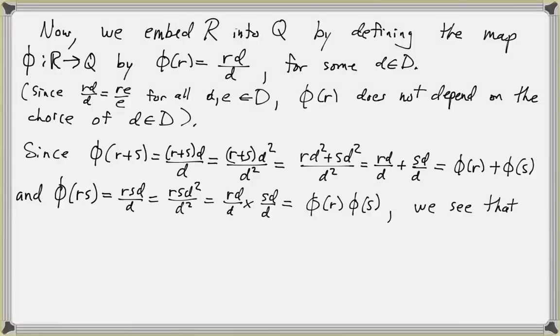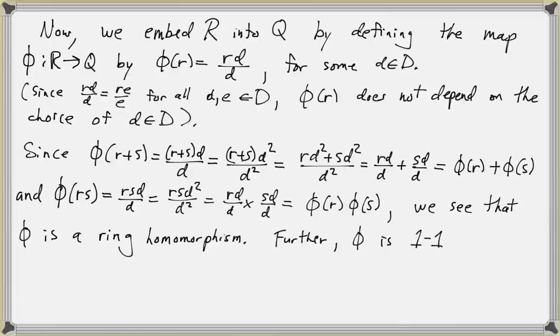So we see that phi is a ring homomorphism. But further, phi is actually one-to-one.